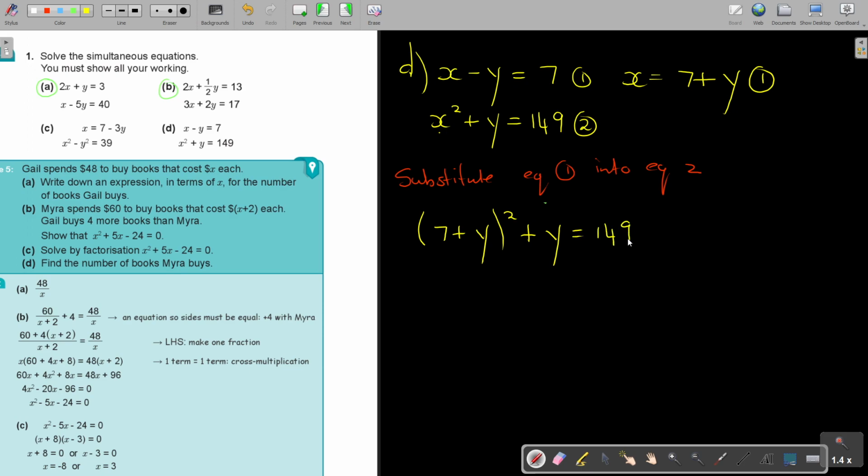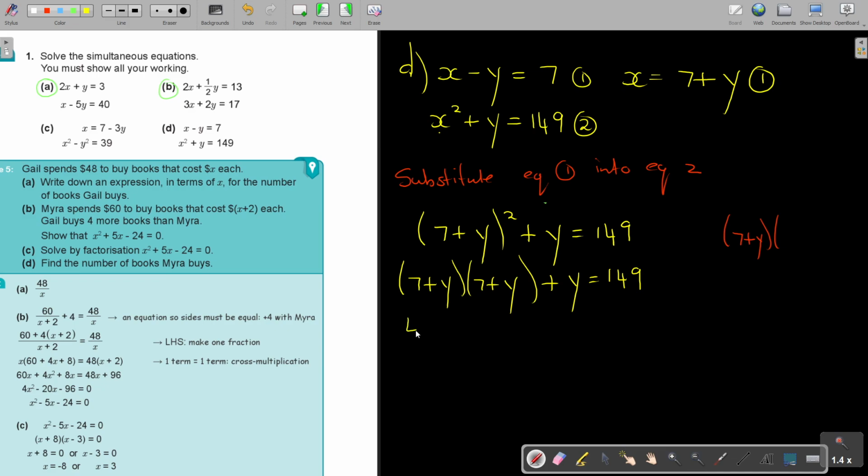Now, remember what I said on the side here. Do it on the side. So 7 plus y, you can write it out also. Let me rather do it here. So make it 7 plus y, 7 plus y. I'm doing it a little bit different now. Did you see? And it's 149.